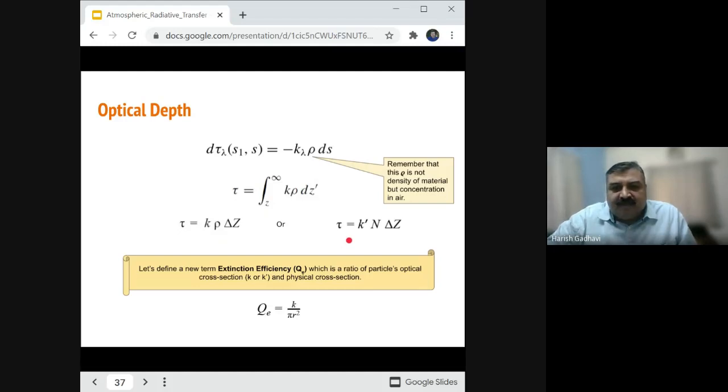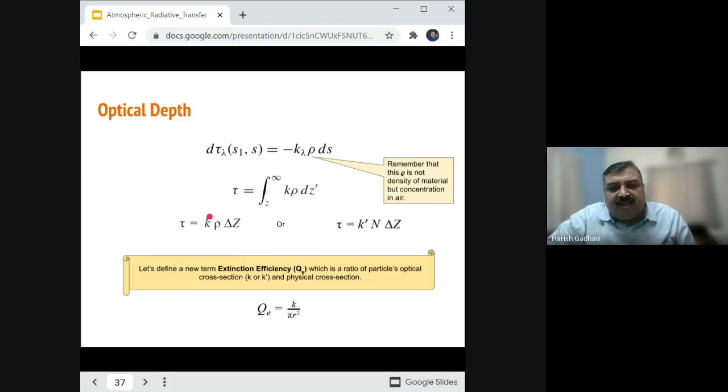Now we have some problem with this term. We have beta. We already know the extinction coefficient, and that is k into rho. What we can do is define a new term called extinction efficiency. So what is the k?